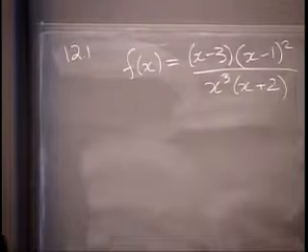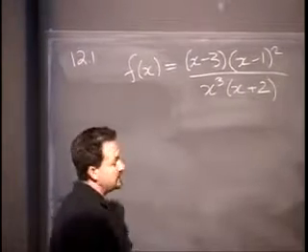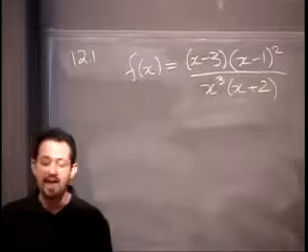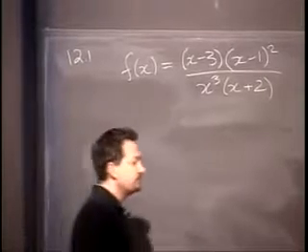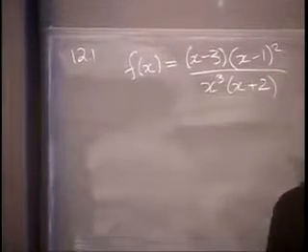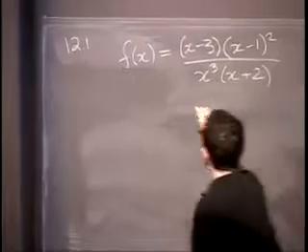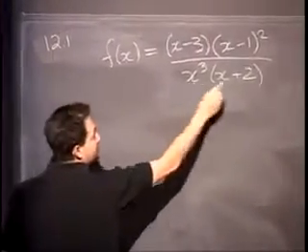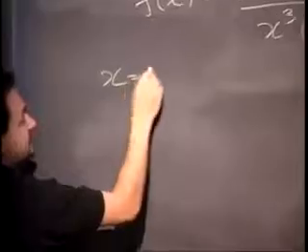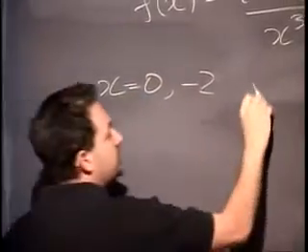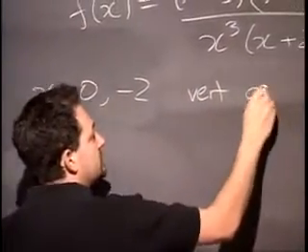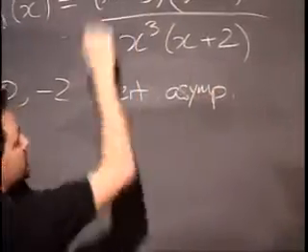Before we even do any calculus, one of the important things we're going to need to know is where this function touches the axis and where it blows up. Just inspecting it, we can see that x equals 0 and x equals minus 2 are bad. That's going to give us vertical asymptotes because the denominator is 0 but the numerator isn't.